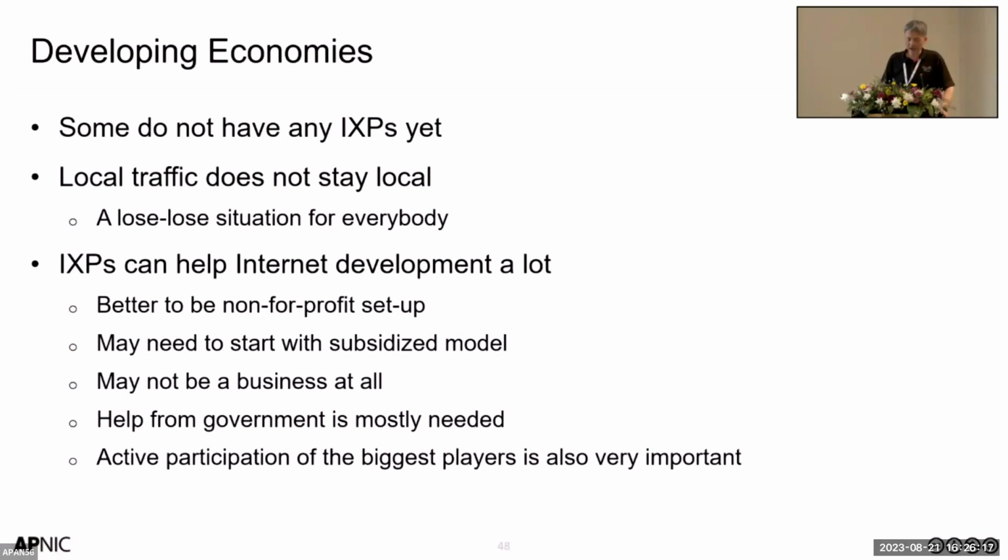So they may need to start with a subsidized model, because it's very hard to start an IX without subsidy. It may not be a business, because the IX is there to help internet development, and they may not be able to have a sustainable financial model, so help from government is mostly needed. And active participation of the biggest players is also very important.